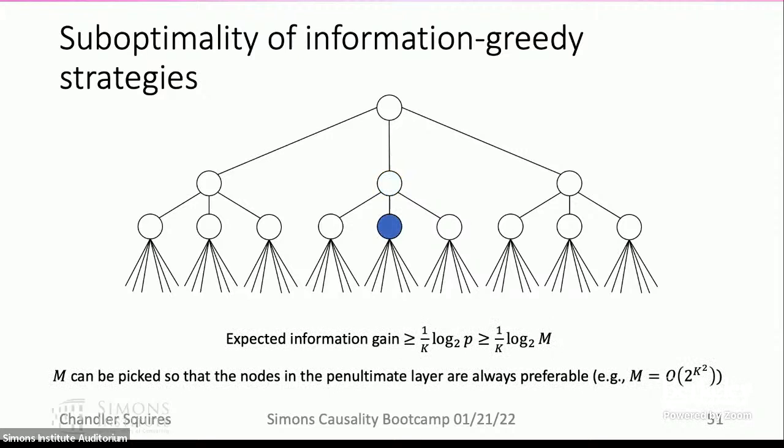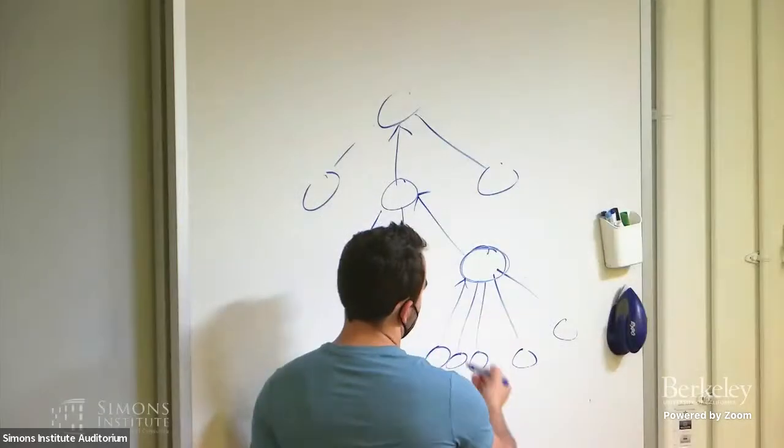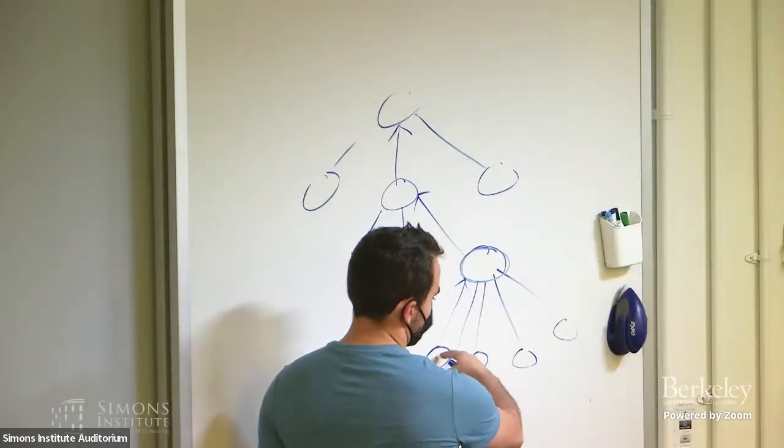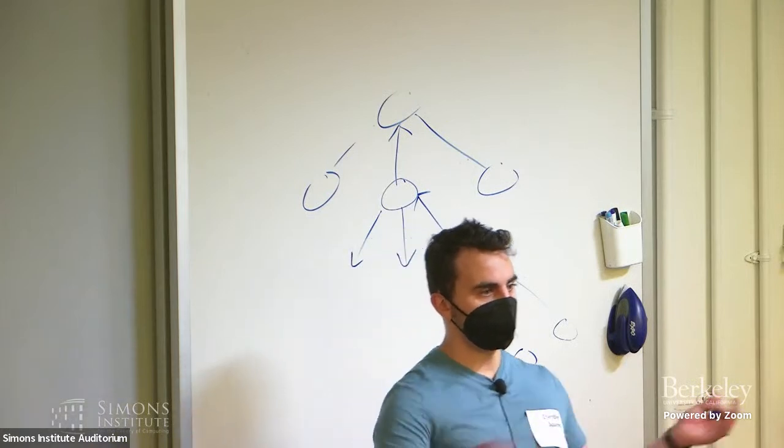But if we instead think of intervening on one of the nodes in the penultimate layer, we will generally get, in expectation, a lot more information. And that's because if the root node is actually any of the things here at the bottom, then by intervening at this node and getting that, we've actually identified this as the root node, and then the whole graph gets oriented.